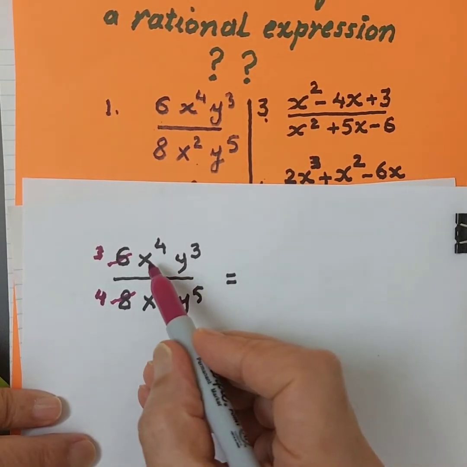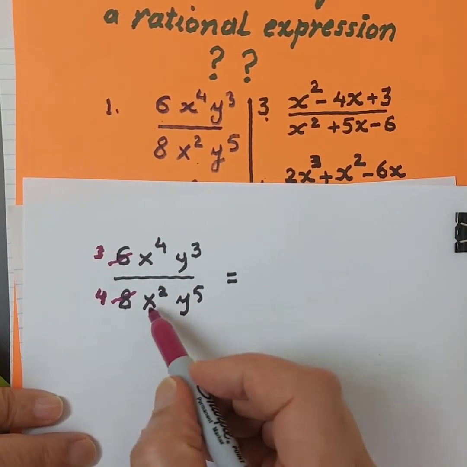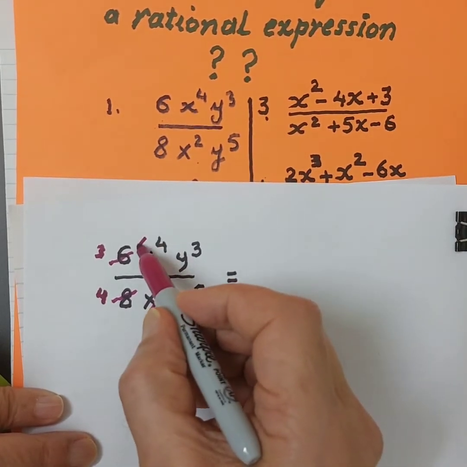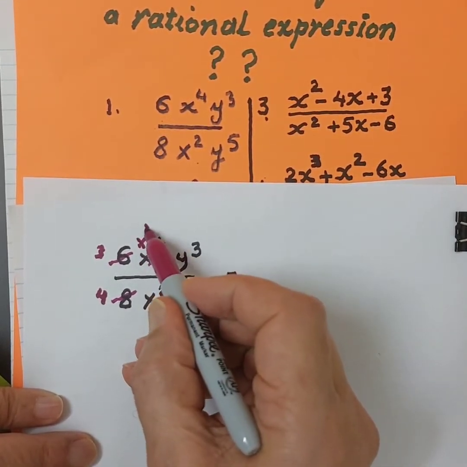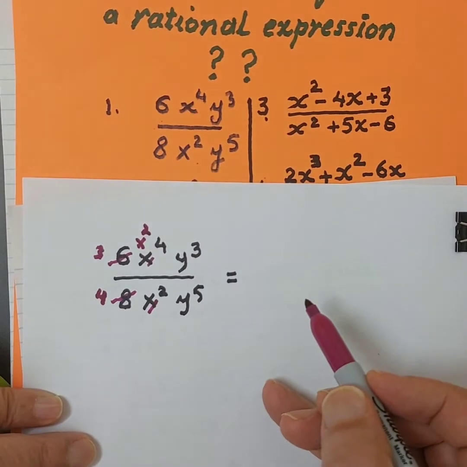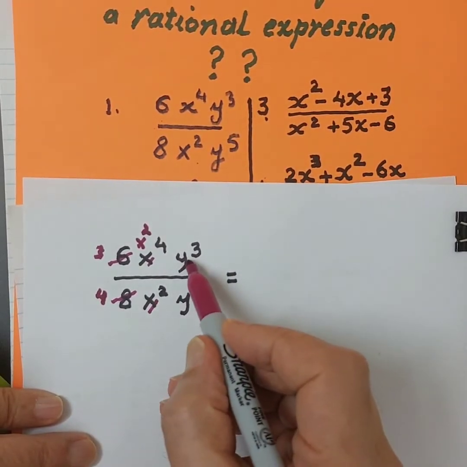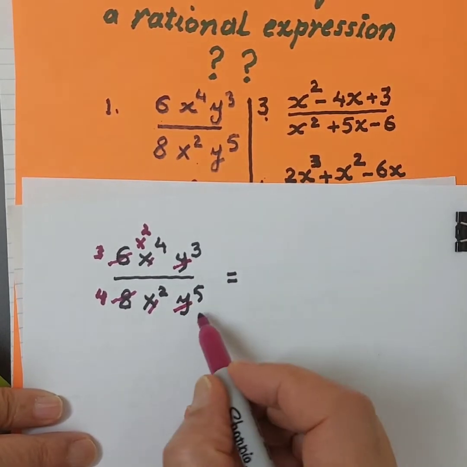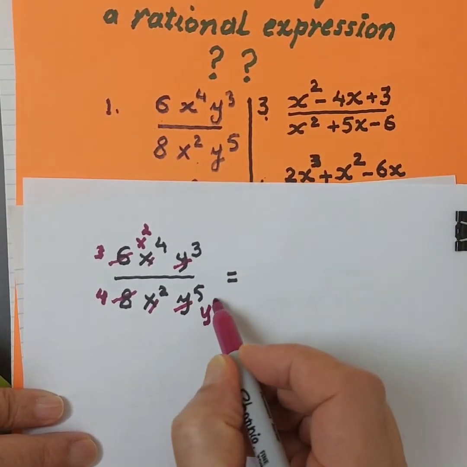And for x's, we can divide by x squared here and x squared here and remain x to the power 2. Then for y's, y to the power 3 with y to the power 3, here we have y to the power 2.